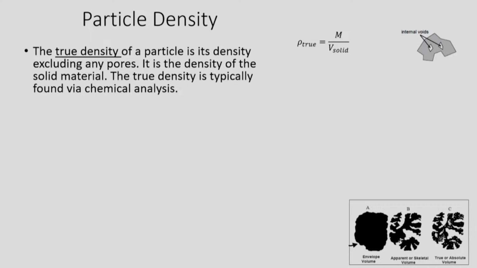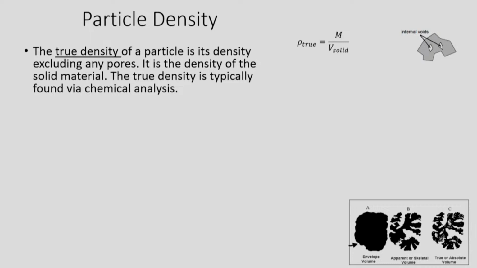Again, true density, you cannot calculate by liquid pycnometry or gas pycnometry, right? Because the internal pores, both gases and liquids will not be able to access the internal void spaces.